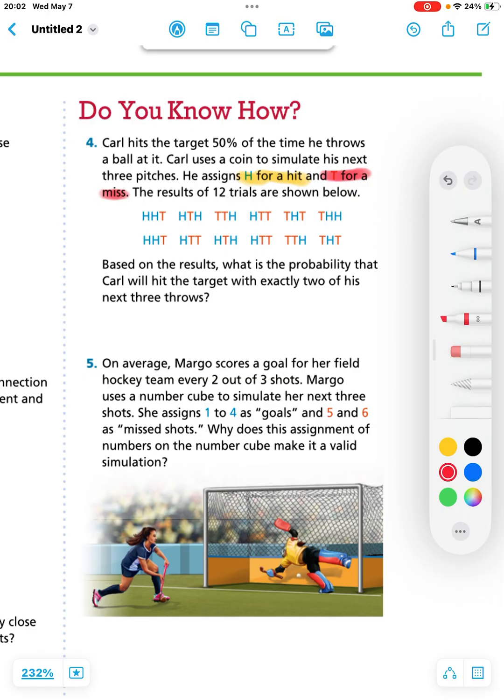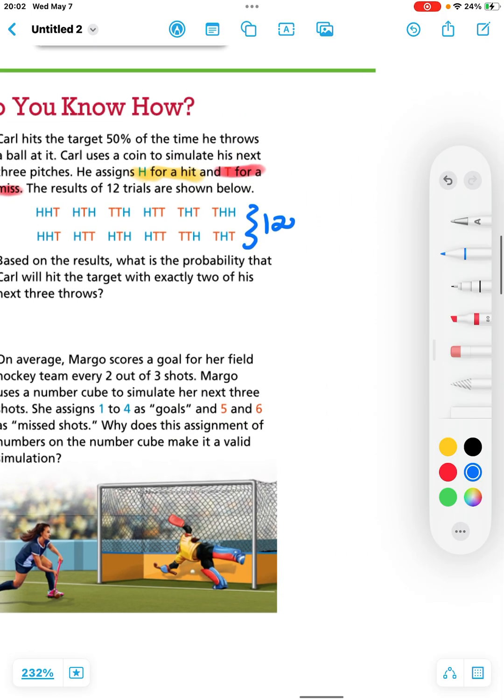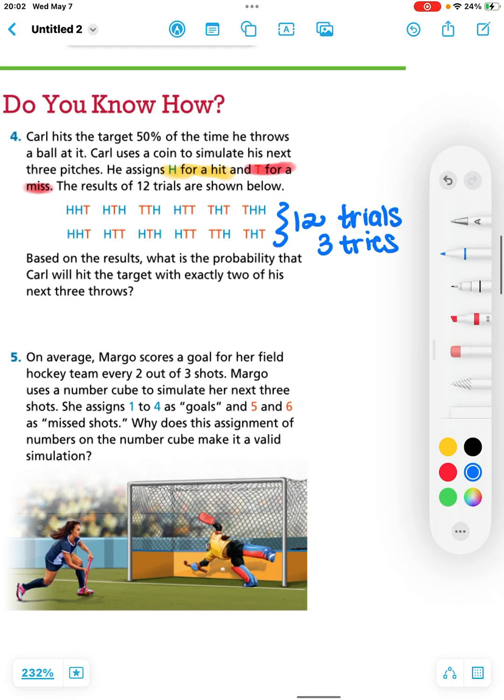The results of 12 trials are shown below. So keep in mind, these are 12 trials, and each trial has 3 tries, it looks like. So, for example, this first trial, it looks like he hits it twice and misses once.